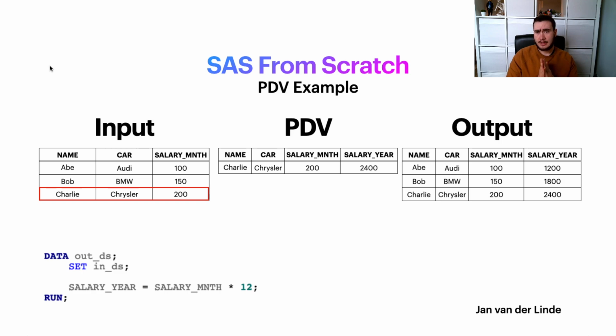So again, I think for a newcomer, if you only look at input and you only look at output, you may be tempted to think that SAS has done something similar to R, which is to treat that monthly salary column as a vector and output a vector, but that is not what's happening. It is always a row-based operation.